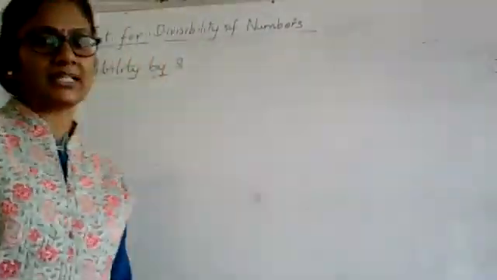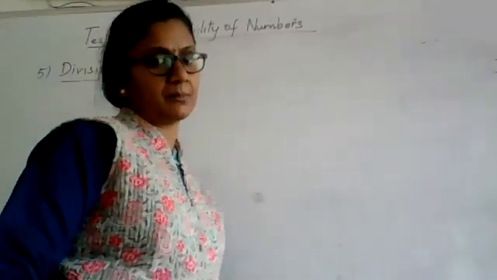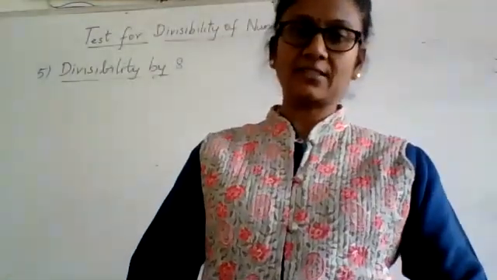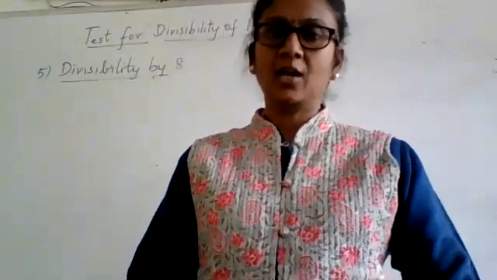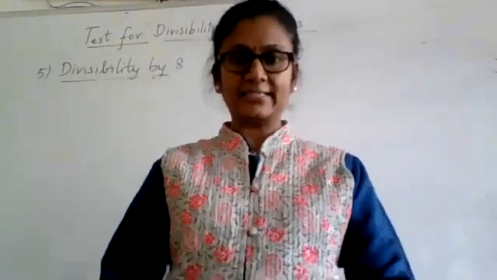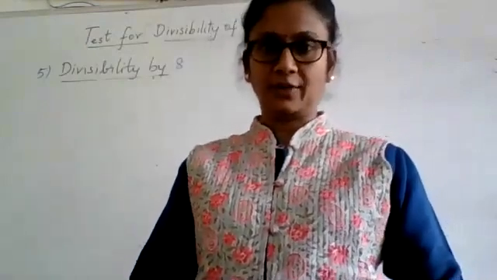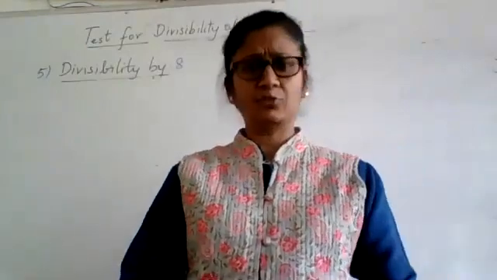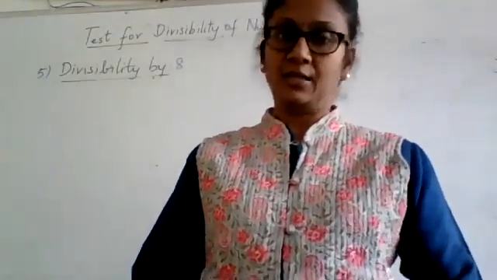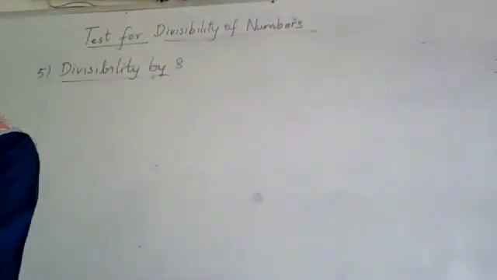Okay, the next one is the test of divisibility for 8. When do you say a number is divisible by 8? Now this test of divisibility of 8 will be applied for numbers having 4 or more digits. For less than that, that is numbers having 2 or 3 digits, if you want to find out whether it is divisible by 8, you have to do the actual division only and find out. The test is valid only when you have a number with 4 or more digits.